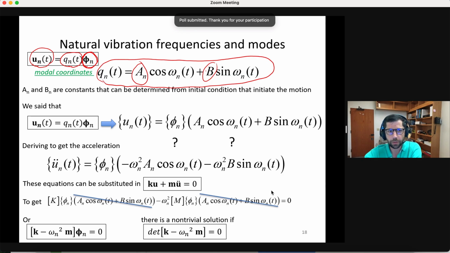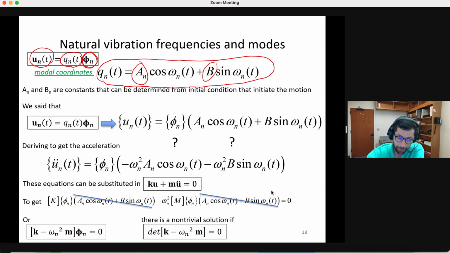Okay. Well, if this is the case, the same equation can be written remembering that the displacement un is basically now a vector, where I have the displacement of level 1 and then the displacement of level 2. Then what I want to do is to find these modal displacements, which are also called the mode shapes.